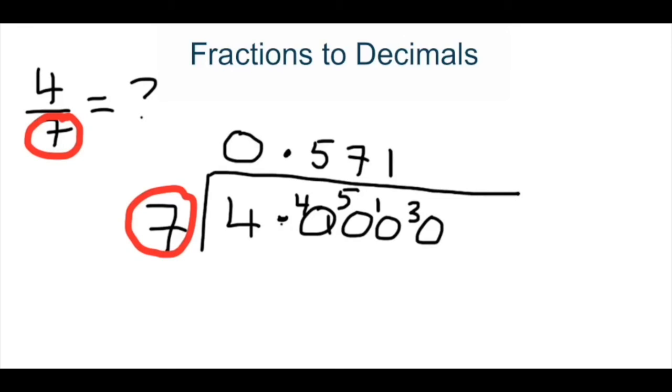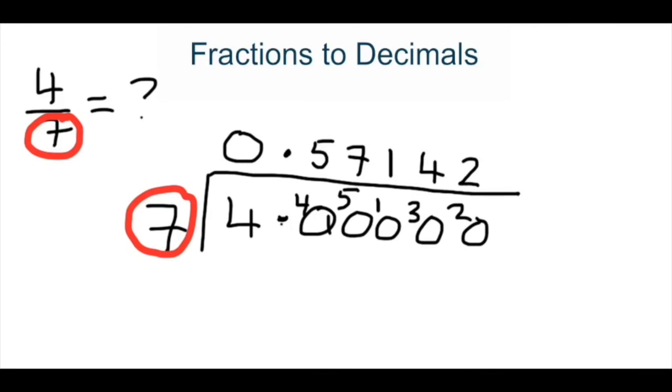And we ask how many 7s can go into 30. And our closest one is 4 times 7, which is 28. So we put our 4 up top, and we put our 2 on another 0. And you can see how this keeps going. And we ask ourselves how many 7s go into 20. And the closest is 2 times 7, which is 14.